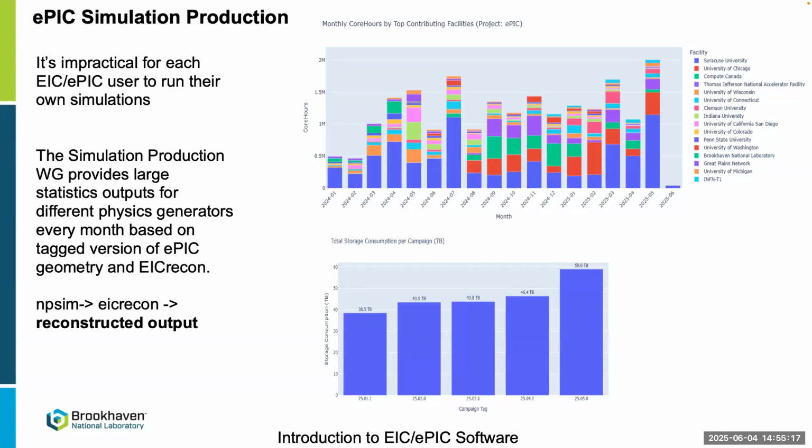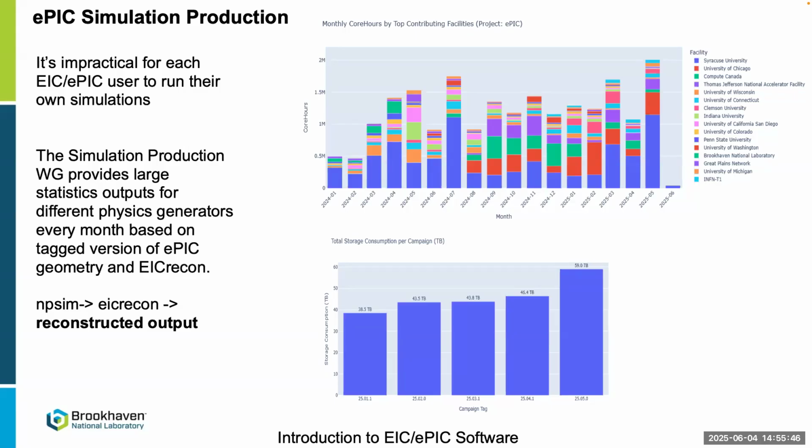It's just impractical. So the EPIC Simulation Production Working Group, which I co-convened with Thomas Burden from Jefferson Lab, actually runs these simulations every month, and we provide large statistics outputs for different physics generators based on tagged versions of EPIC geometry and EIC Recon. I haven't introduced EIC Recon yet, but that's our tracking and reconstruction software. And that's done every month.